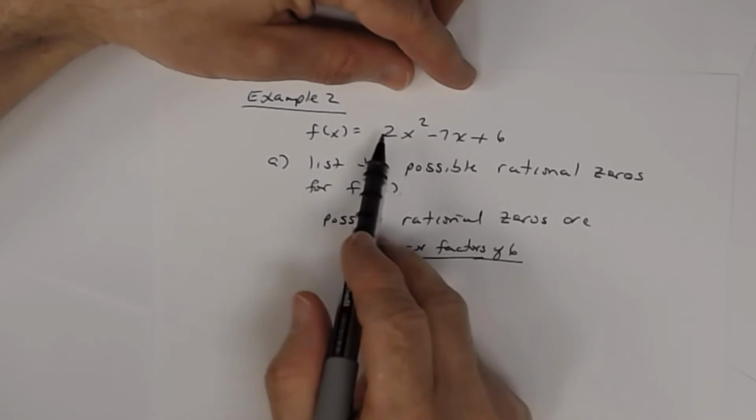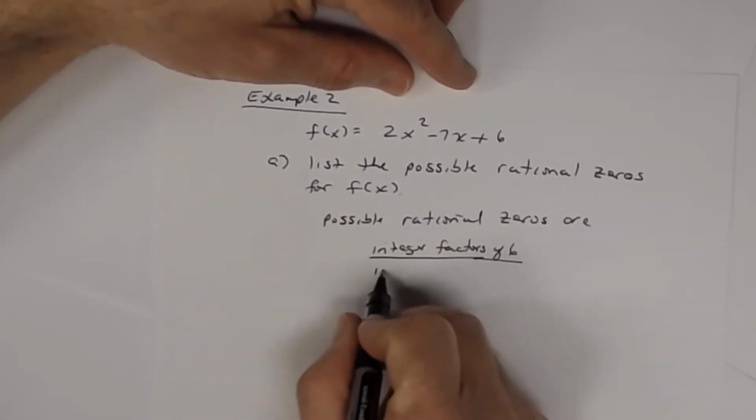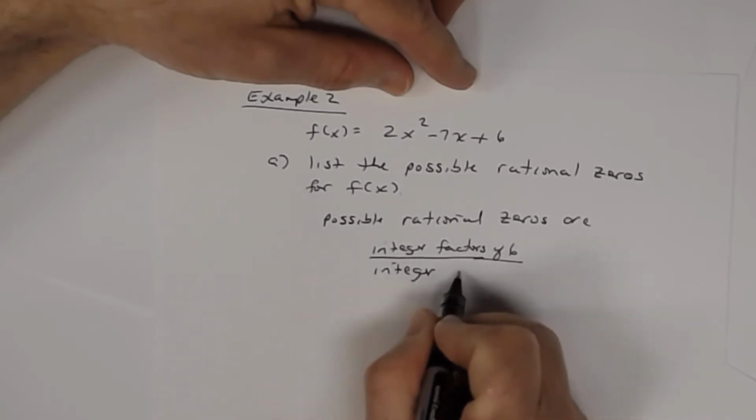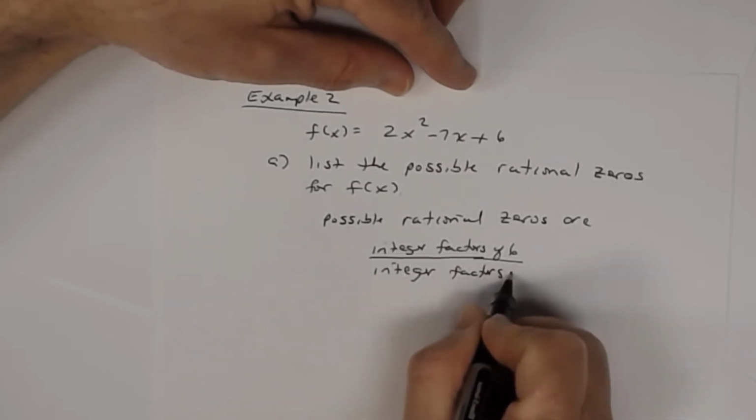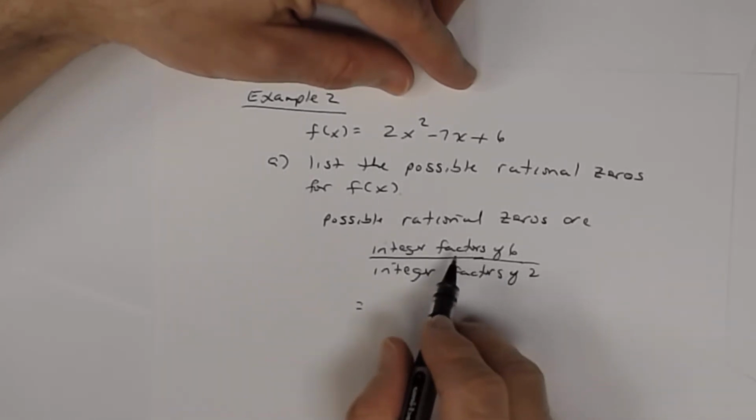And the denominator would be the integer factors of the leading coefficient, so the integer factors of 2. All right, so just go ahead and list the factors of 6.